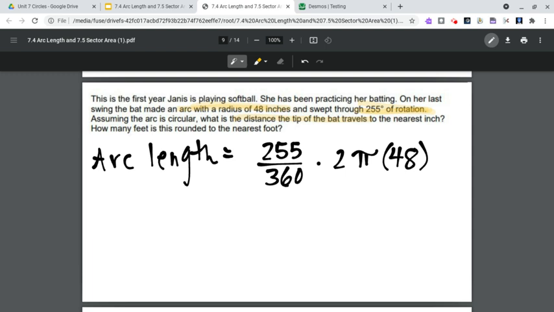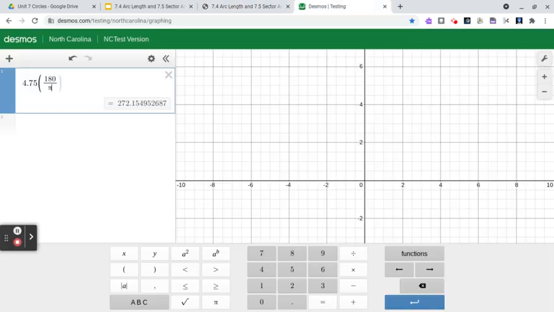We're going to calculate that in Desmos, and that will be our arc length in inches. And then, of course, they want us to determine how many feet that is. So we take our inches and we divide it by 12 because there are 12 inches in 1 foot. So we stick this into Desmos. 255 divided by 360 times 2 pi times 48.